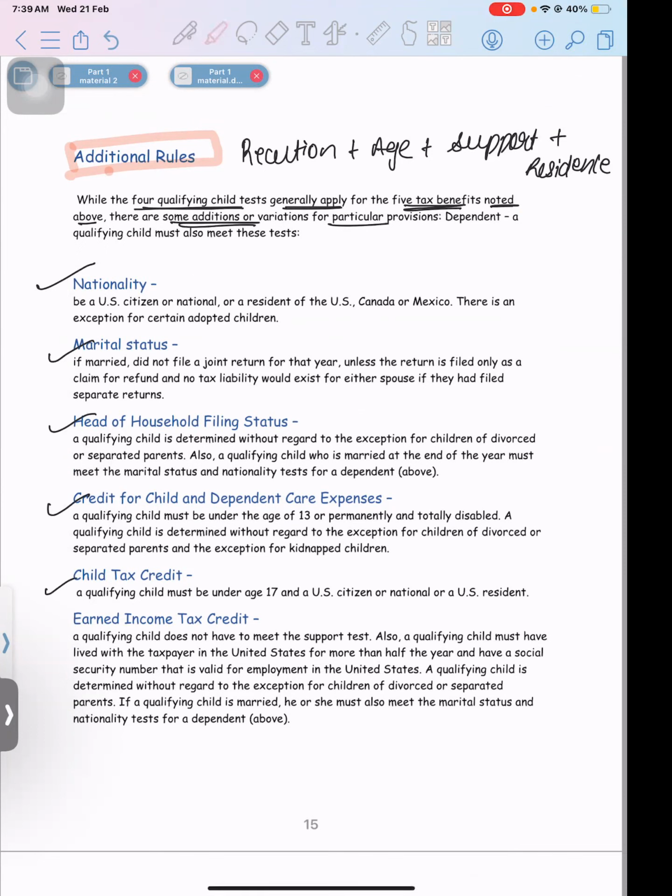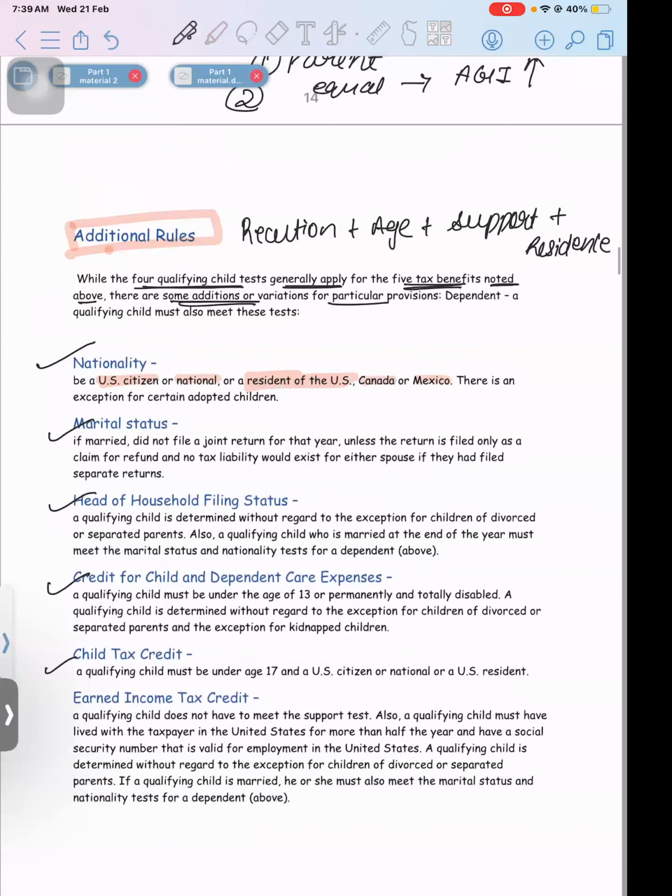First one is nationality. The child should be either a citizen or a national or a resident of the US, Canada, or Mexico. Always remember for US taxation, the first filing requirement is very simple: you should be either a US citizen or US resident, or if you are a non-resident, you should be earning some money. If you are liable to pay tax in the US, then only you have to file the 1040 return.